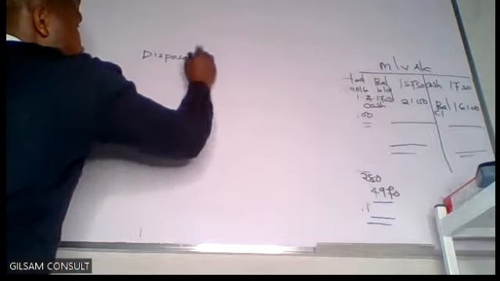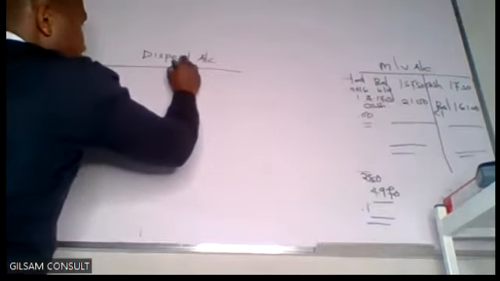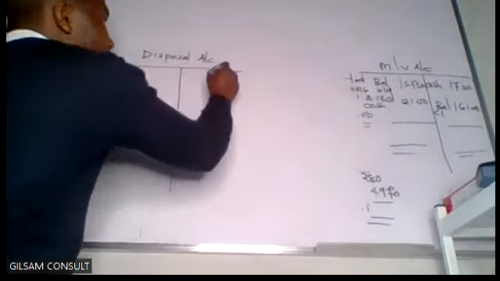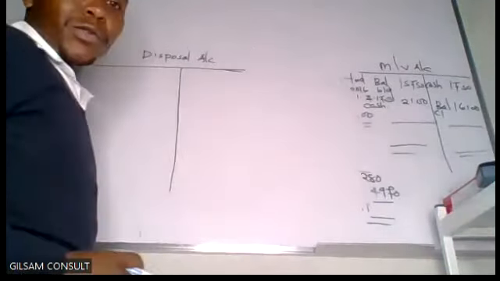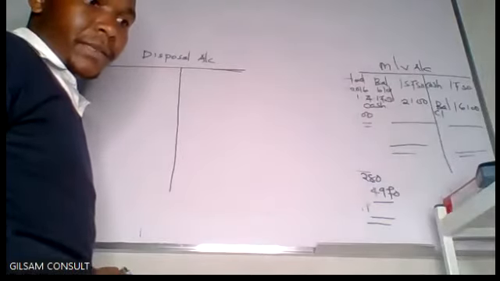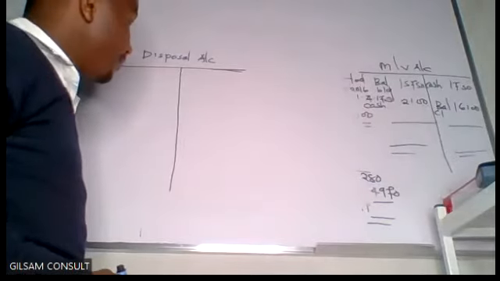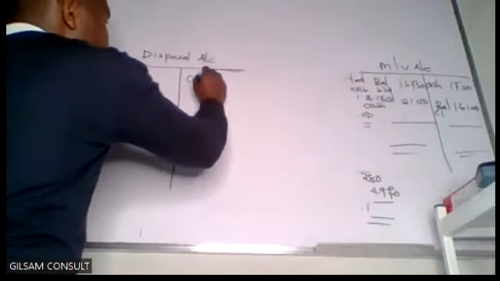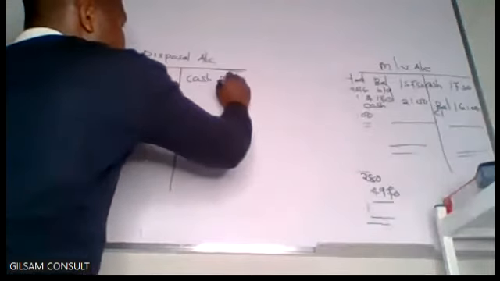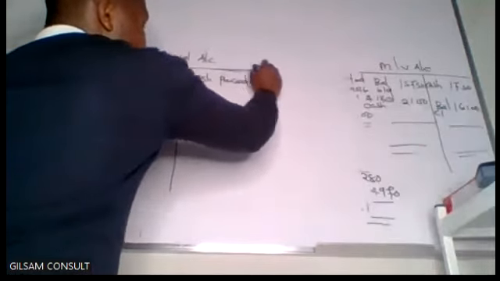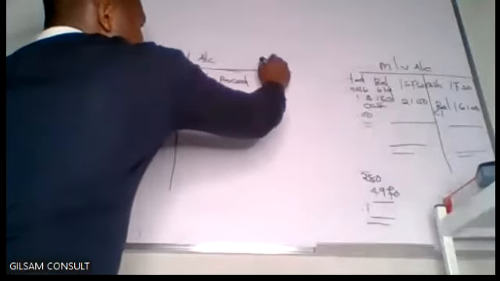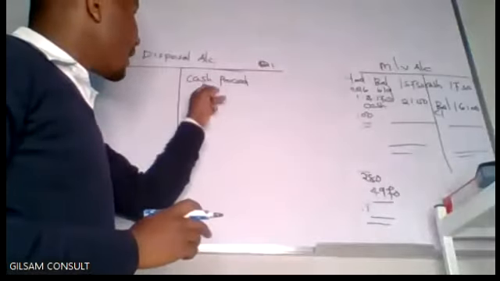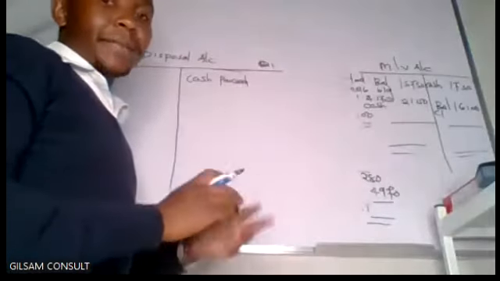I will show you how to open it. In the disposal account, we record any asset which you have disposed and the accumulated depreciation for that asset. We have the cash proceeds, placed on the credit side. Cash is an asset, so you debit cash account and credit disposal account.